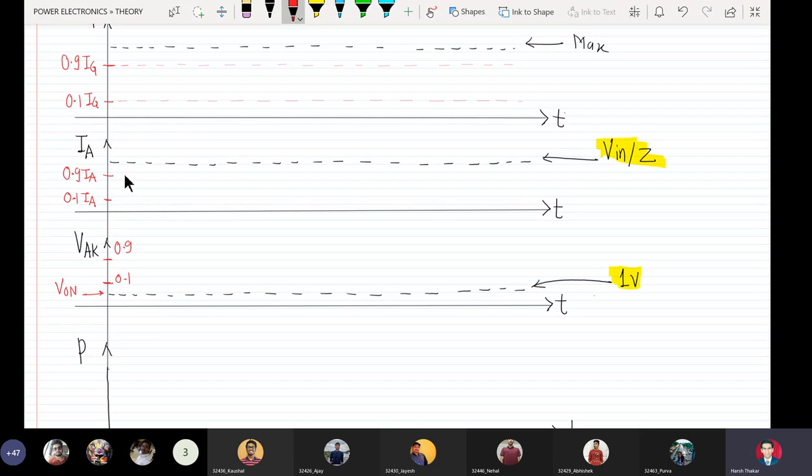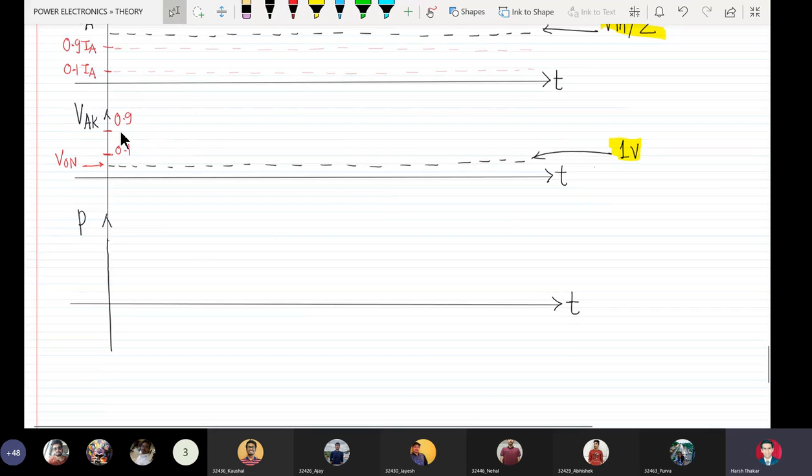Similarly down, we will also mark 90% of the steady state value, V in upon Z. Similarly, 10% of the steady state value of device current, V in upon Z. Again, similarly marking 90% of the initial value of VAK, and 10%.